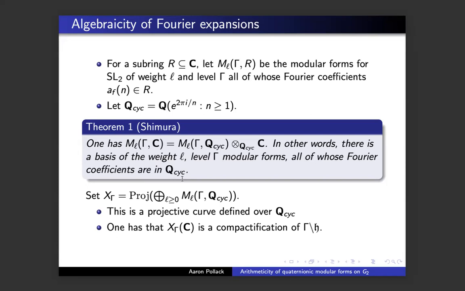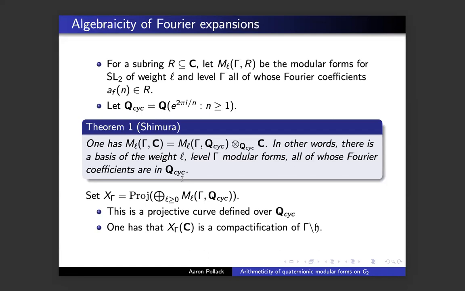So I like to think of this classic result as, on the one hand, saying something about the fact that modular forms are related to algebraic geometry. So one way to think about that is that I could take the graded ring of modular forms of weight L. So I fix Gamma, I fix my congruence subgroup, and I take the graded ring of modular forms.